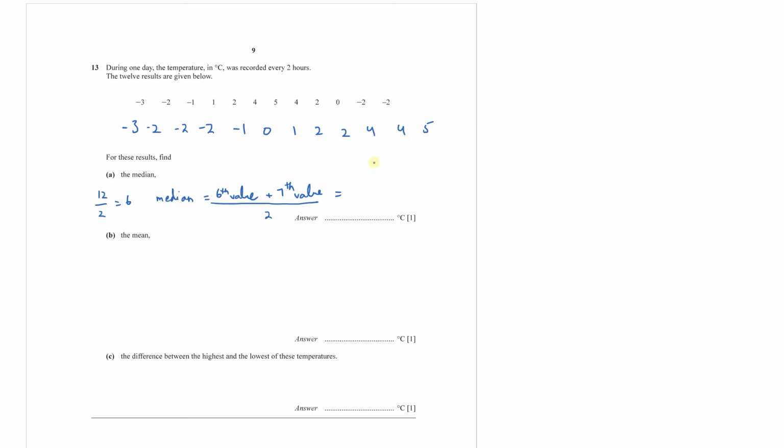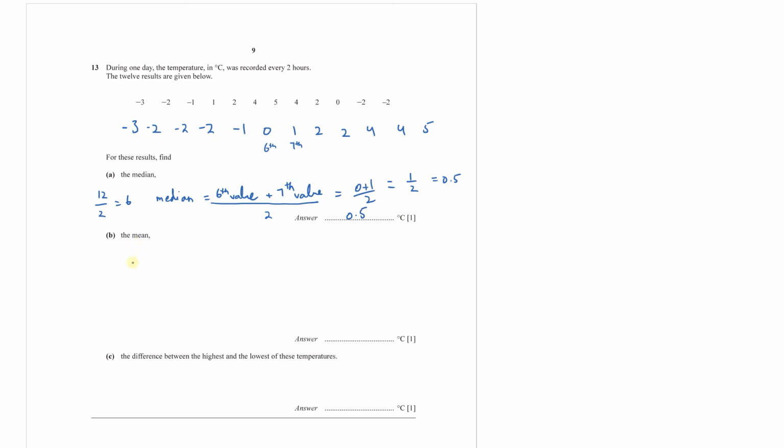So I have written all 12 values. So let's see what's the sixth and seventh value. 1, 2, 3, 4, 5, sixth. So this is the sixth and this is the seventh value. So that will be 0 plus 1 divided by 2, which is 1 over 2, which is 0.5. So your answer is 0.5 degrees Celsius.